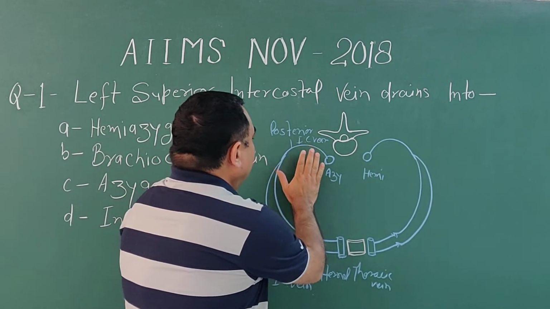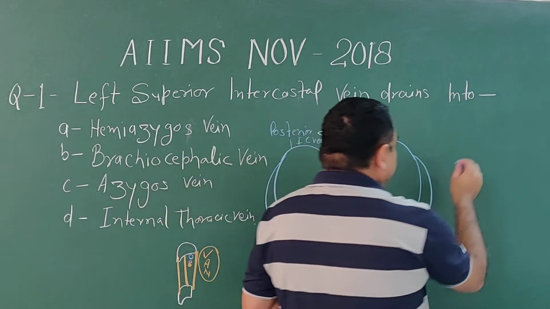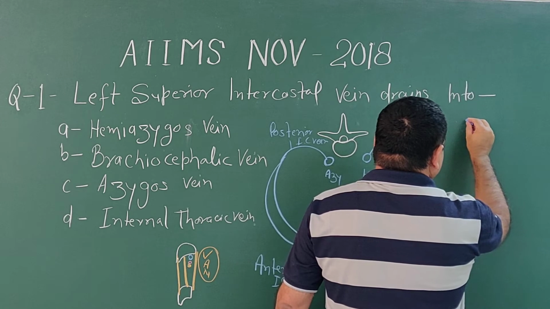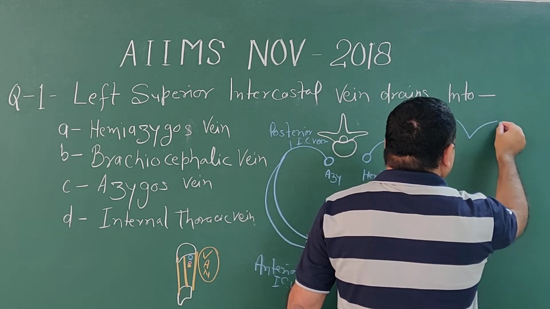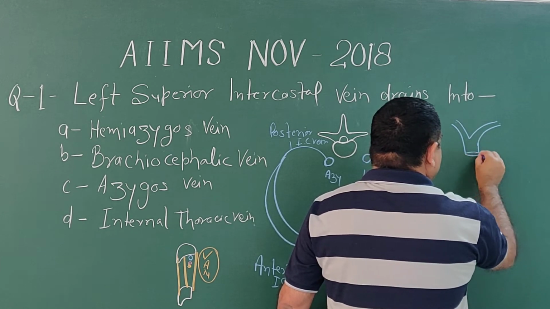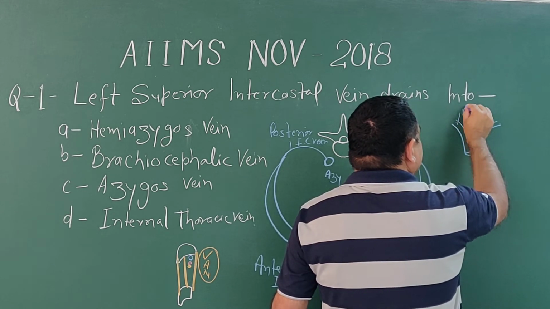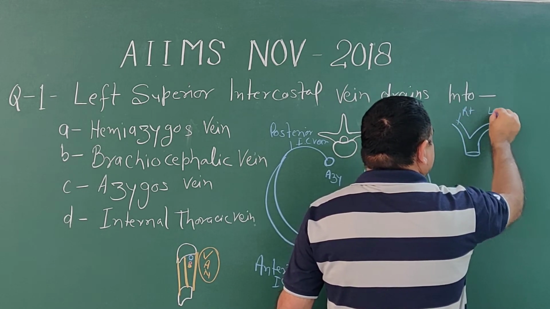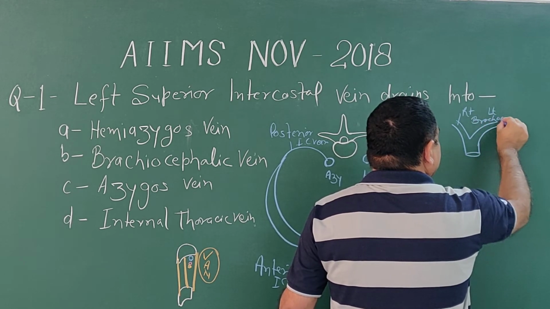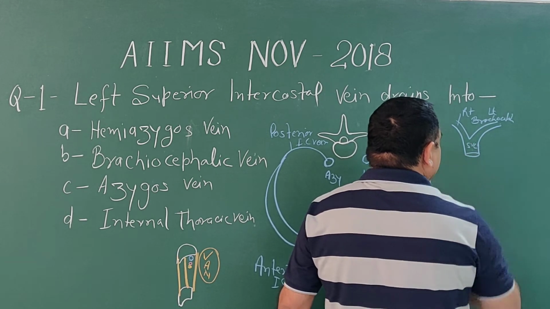Now we will discuss the posterior intercostal vein. This is the posterior intercostal vein. As you know, these are two brachiocephalic veins. This is the right and left brachiocephalic vein. This is the superior vena cava.